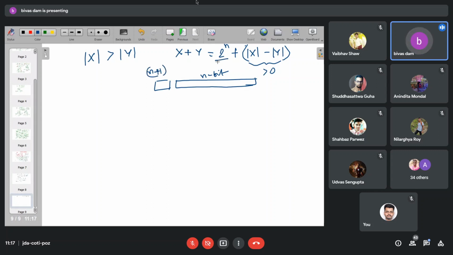this 2 to the power n is nothing but one end around carry, and this x minus y is confined within these n bits. Now, how can you achieve that required result of mod x minus mod y? So we ignore the final carry. Ignore the final carry or the end around carry.